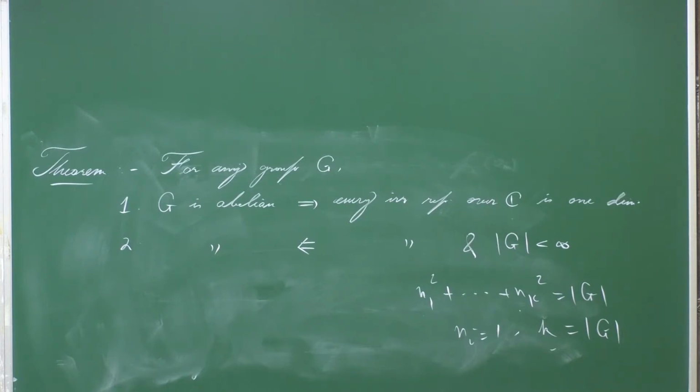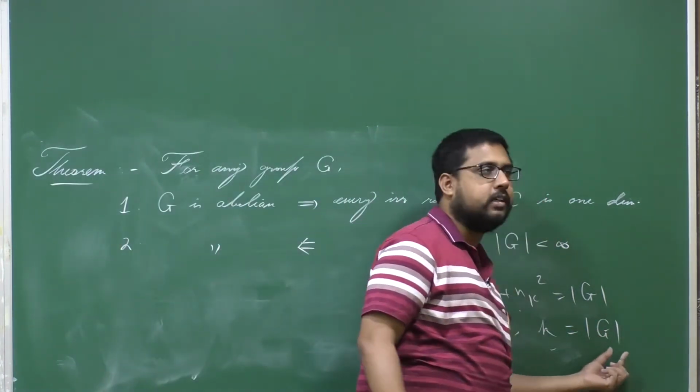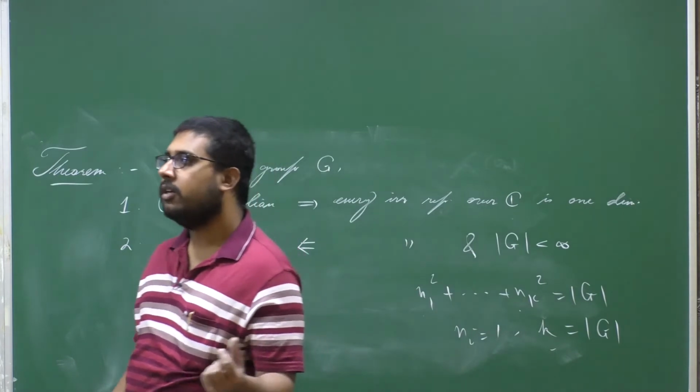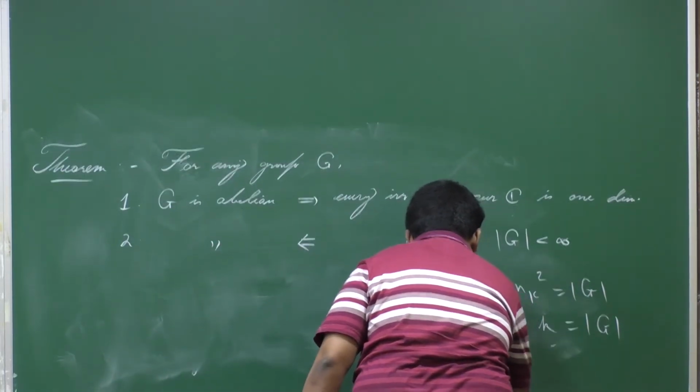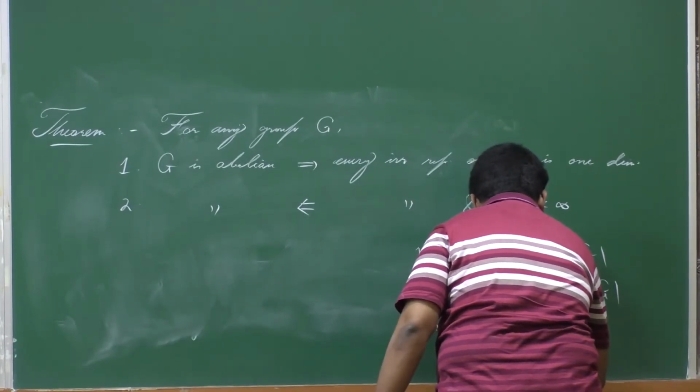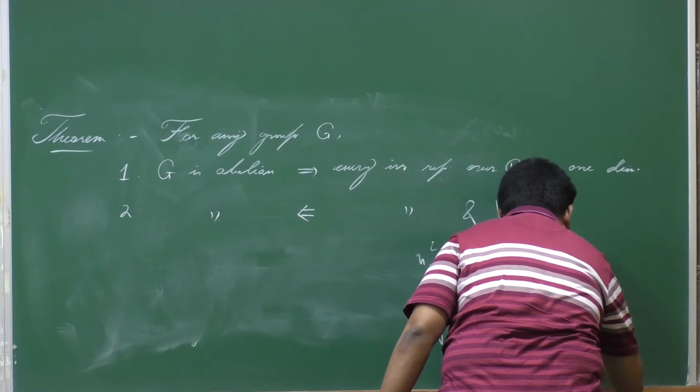So it shows that G has exactly these many distinct conjugacy classes. So that means the conjugacy class of x is exactly the singleton {x}.